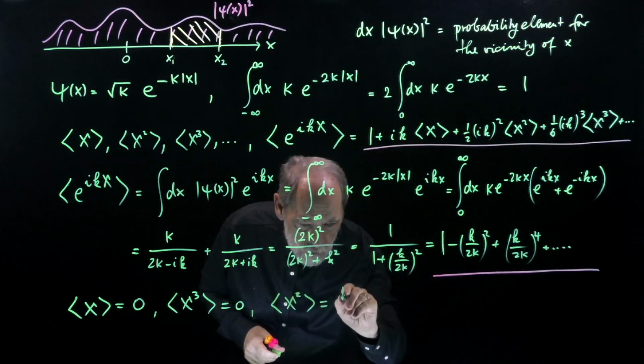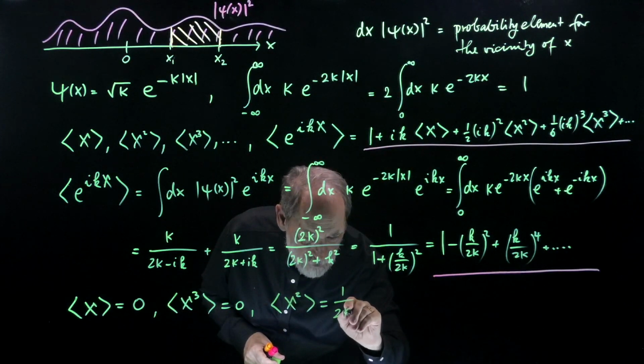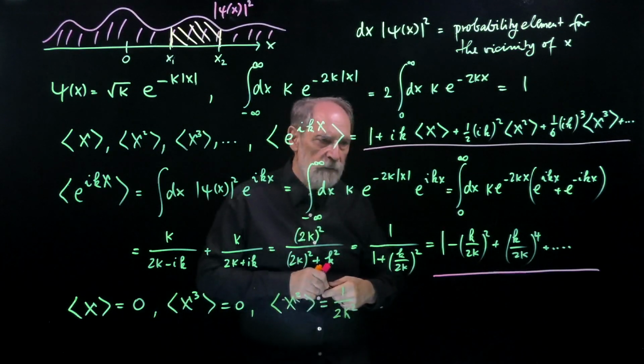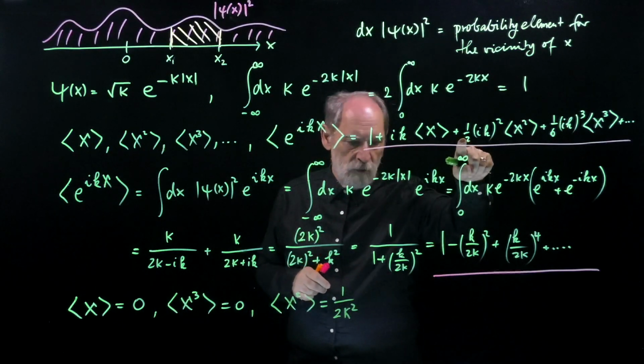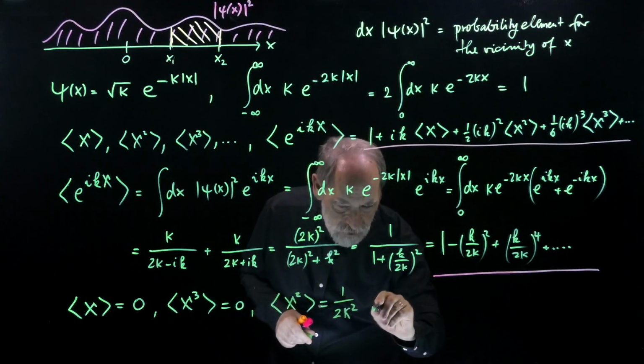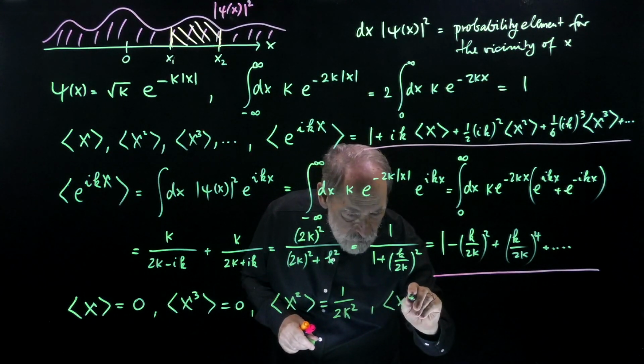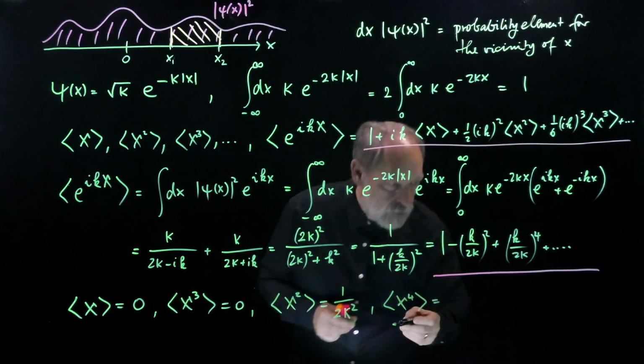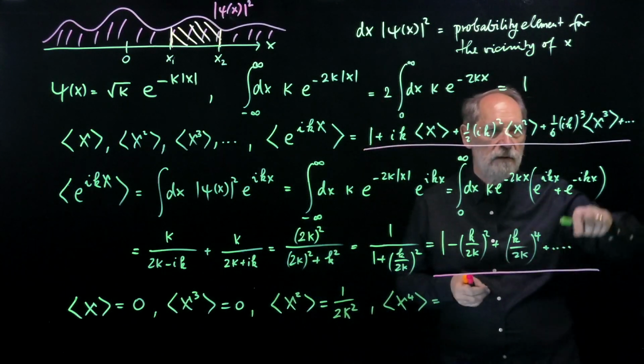So this has to be equal, and if I divide by another 2, I get 1 divided by 2 kappa squared.